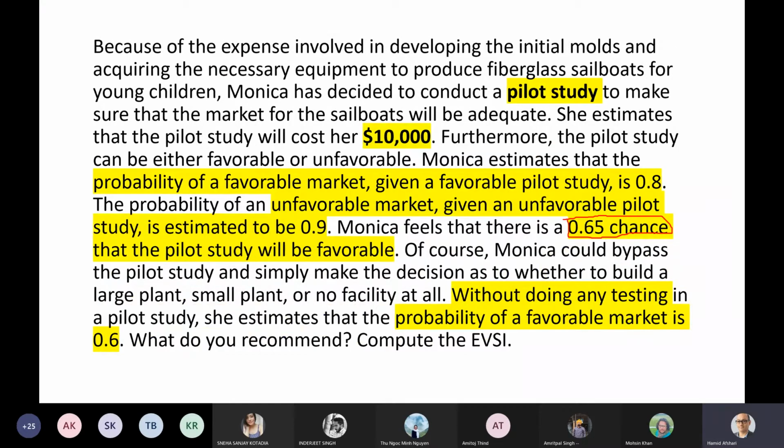Okay, now the second slide. Has anybody found the answer?